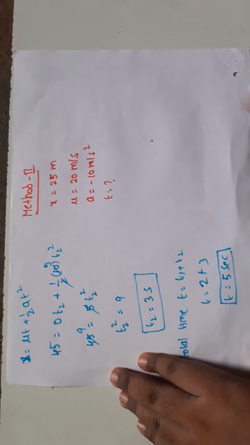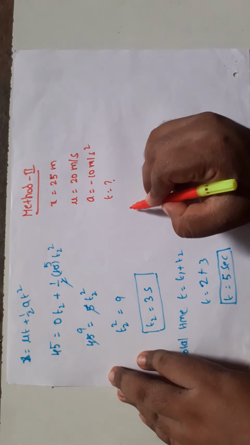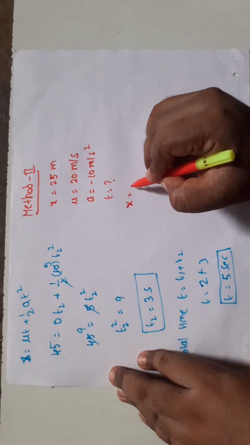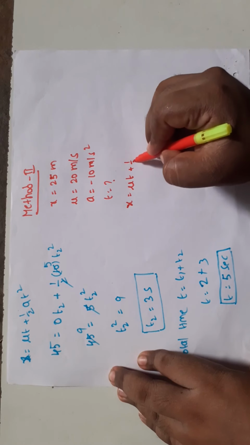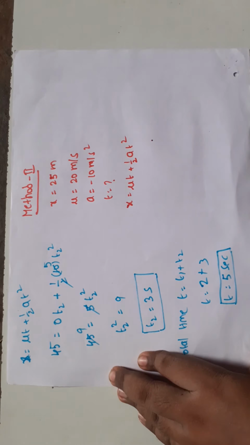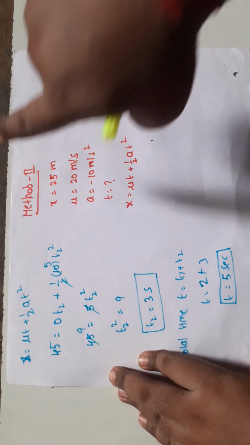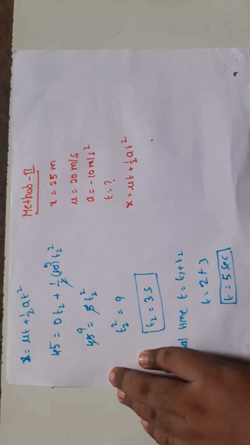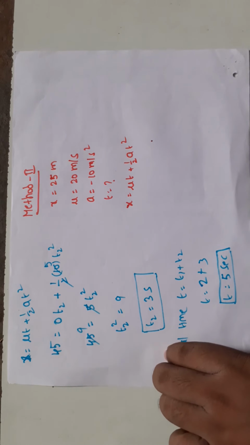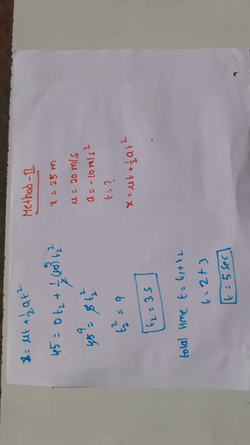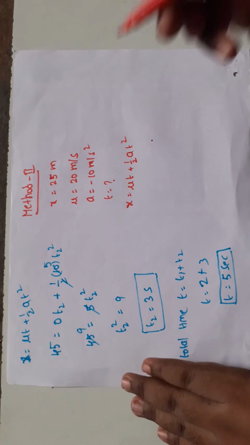Which formula is suitable? x equal to ut plus half at square. In this method we are going to find directly the total time taken by the ball to travel from A to C to reach the ground.